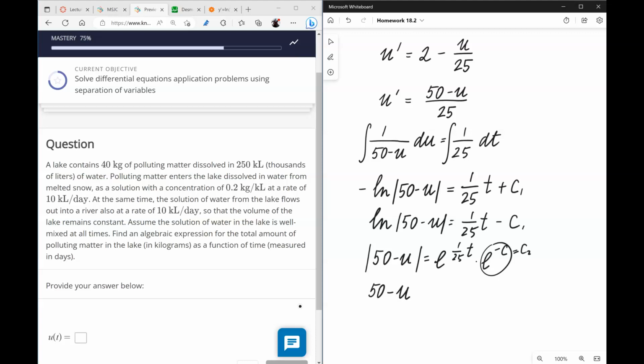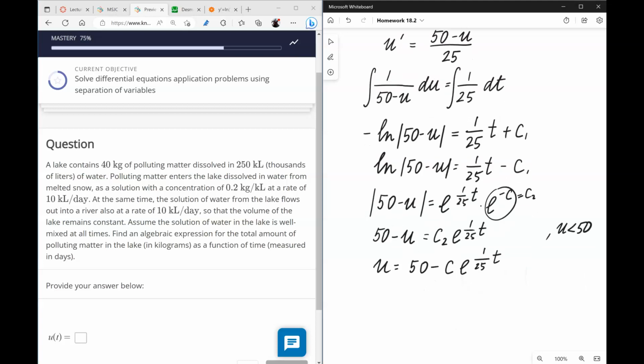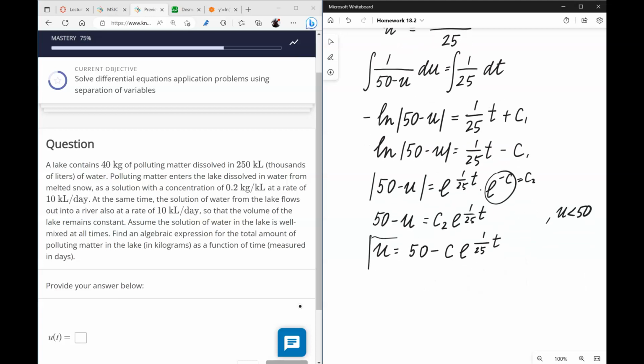So assuming that u is less than 50, which is a fair assumption because we start off with u less than 50, then this is what we're going to get. And now isolating u, here's what we get, 50 minus, and since this is the last equation, I'm not going to write the index near the constant, so this is my function.